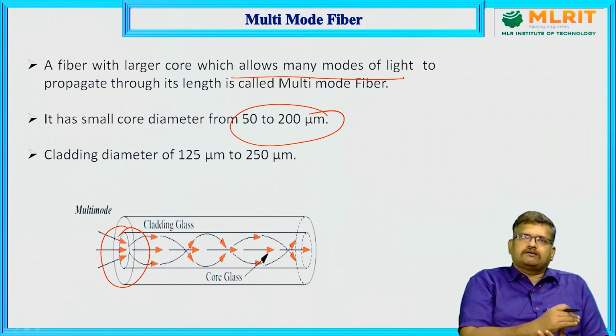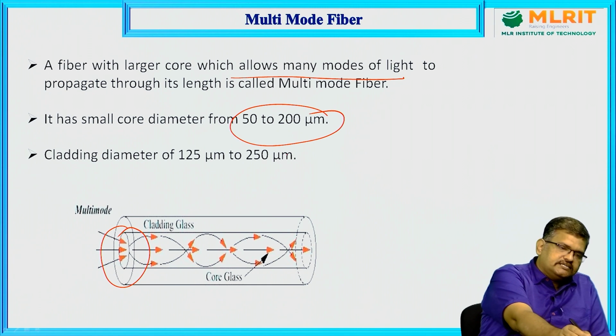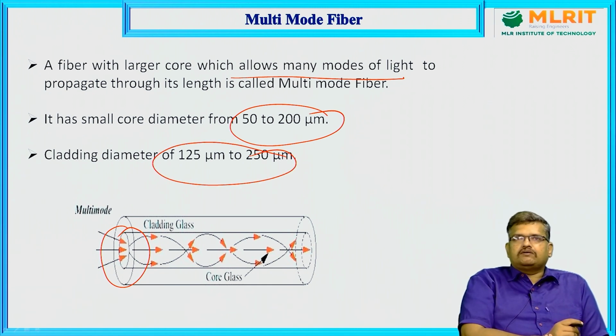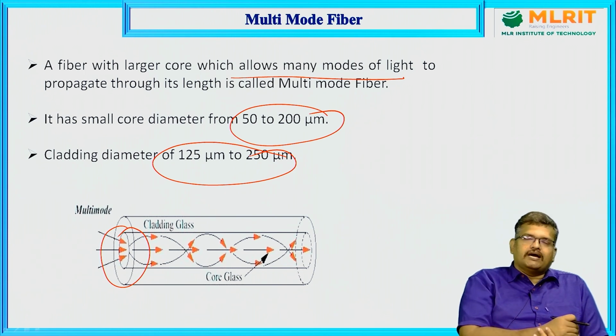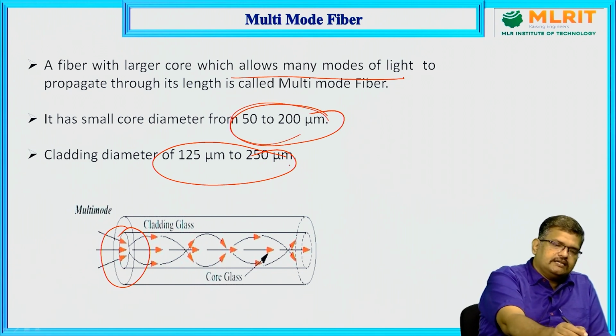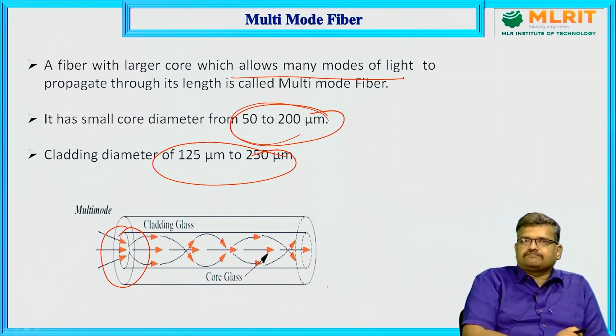The cladding diameter is around 125 to 250 micrometers. Cladding diameter also plays a very important role in multi-mode and single mode fibers, because if the core diameter varies, the surrounding cladding also varies.